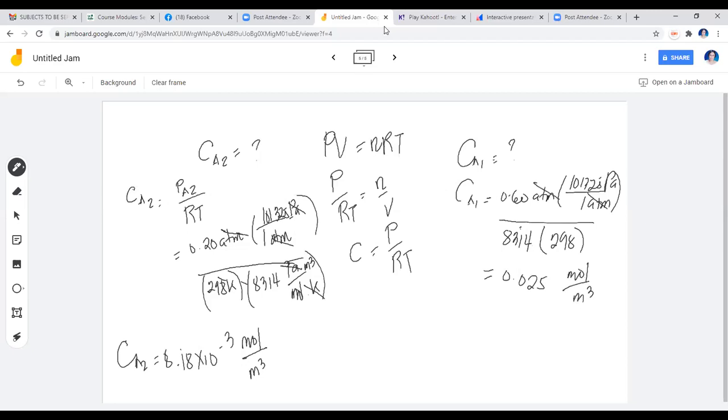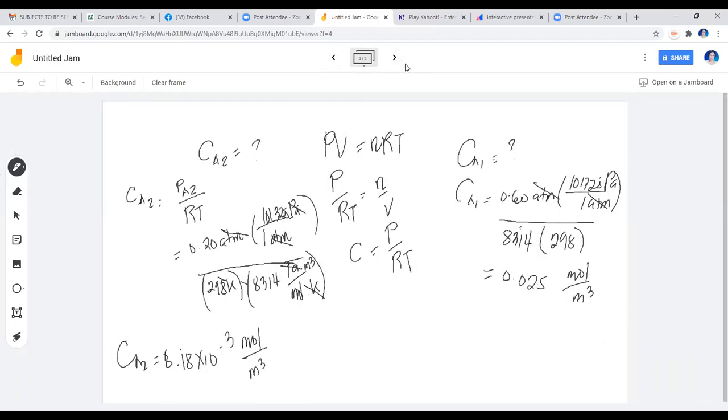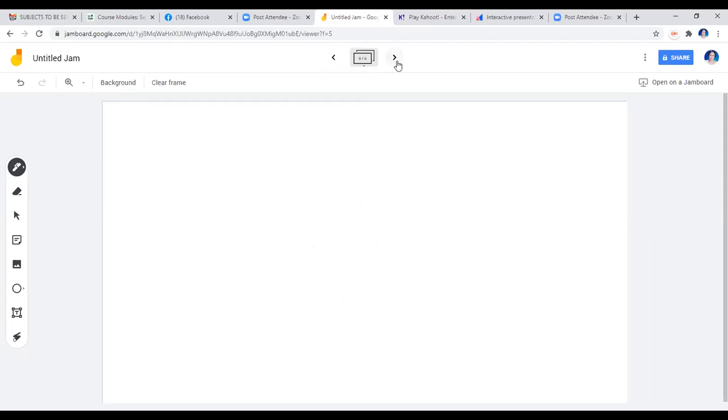So now I have the two concentration values. In here, I can substitute. On sheet number 3, the flux will be given by negative the molar diffusivity.